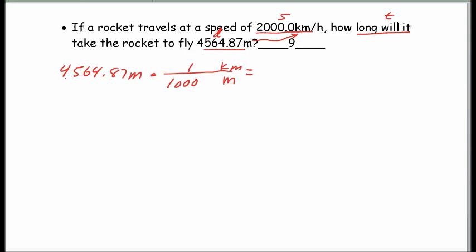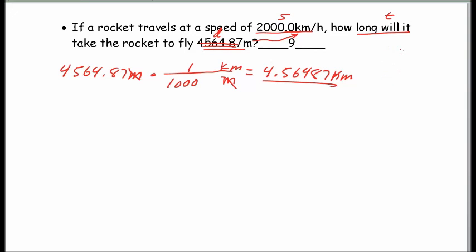And so if we divide 4,564.87 meters by 1,000, the meters will cancel out, and it will give us 4.56487 kilometers. Just like that. So instead of using 4,564.87 meters in the problem, we're going to use this value, 4.56487 kilometers.